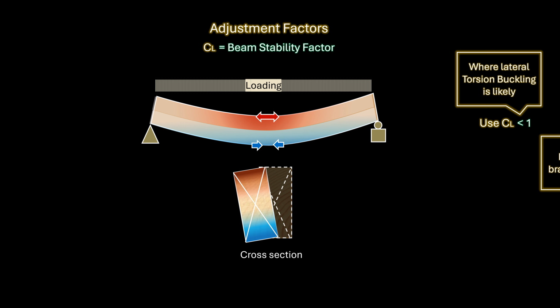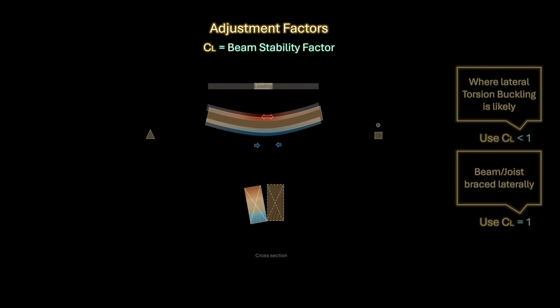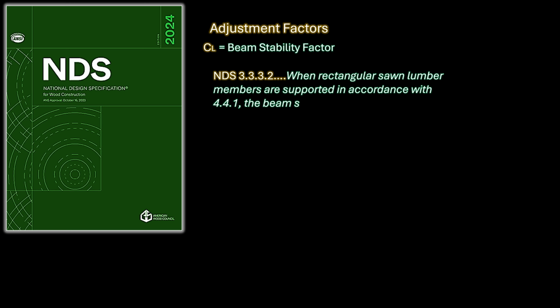For cases where a beam or joist is braced laterally, a beam stability factor of 1 is used, which means that lateral torsional buckling is unlikely to happen at stresses that are less than the design values provided in the NDS supplement. According to Section 3.3.2 of the NDS, when rectangular sawn lumber members are supported in accordance with Section 4.4.1 of the NDS, the beam stability factor is 1.0.